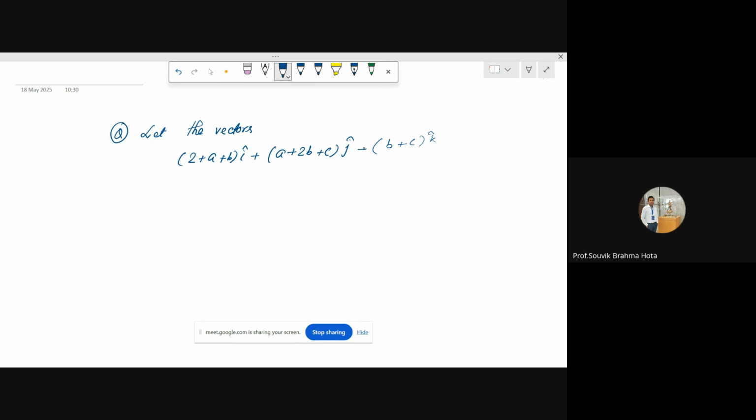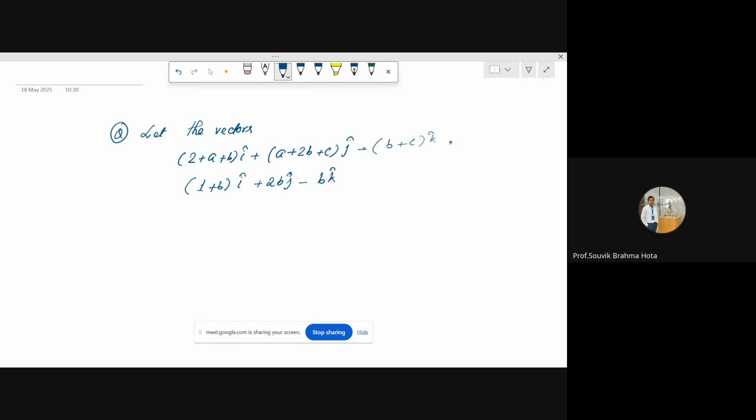This is one vector. Another vector is (1 + b) i vector + 2b j vector - b k vector.